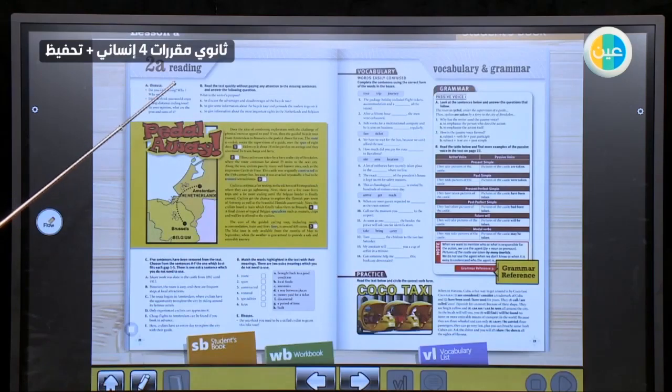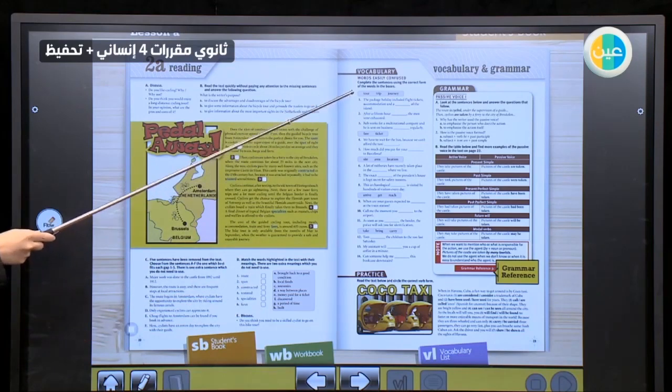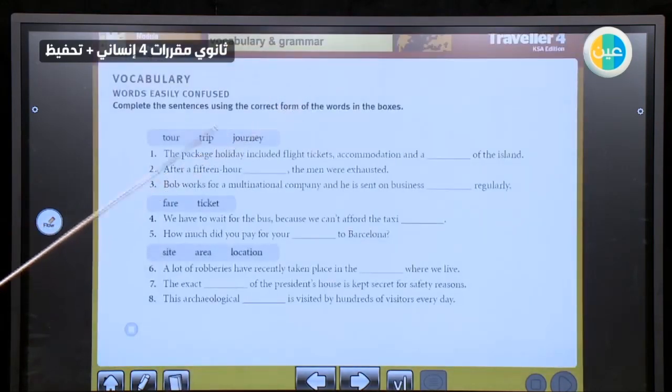We have here reading. It is full of vocabulary. You can guess the meaning and match the new vocabulary with their meanings. We have here words easily confused: tour, trip, journey, fare, ticket, site, area, location. I will just do this quickly.